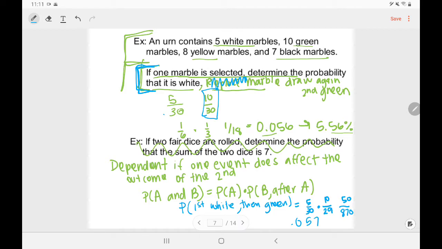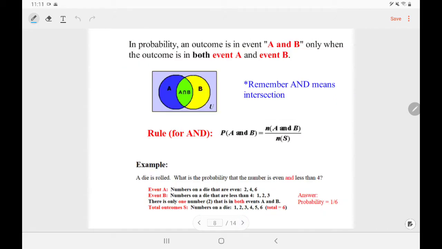Okay. So that is the difference between independent, I replace it, one draw does not affect the other, and dependent, one will affect the other. All right.